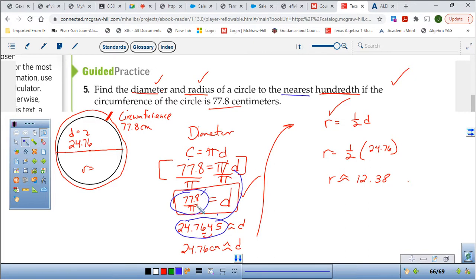So the exact for your radius would be 77.8 pi, and then add a 2 there. You get this answer and multiply it by half, which is just basically putting a 2 on the bottom.